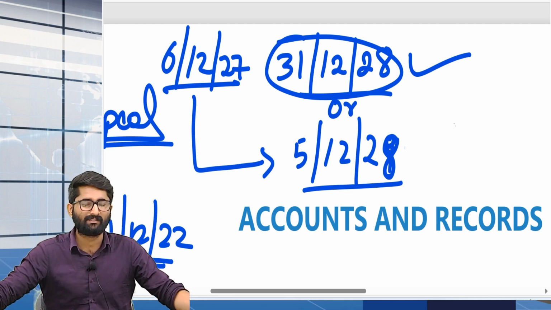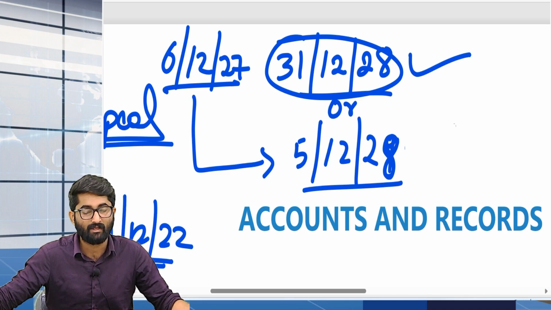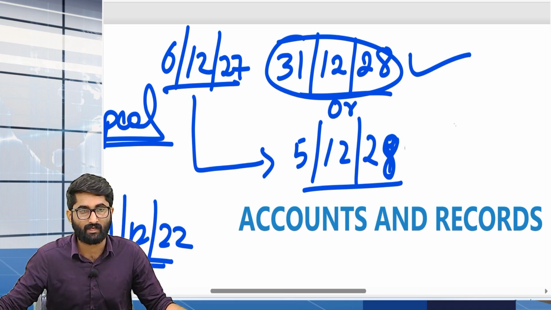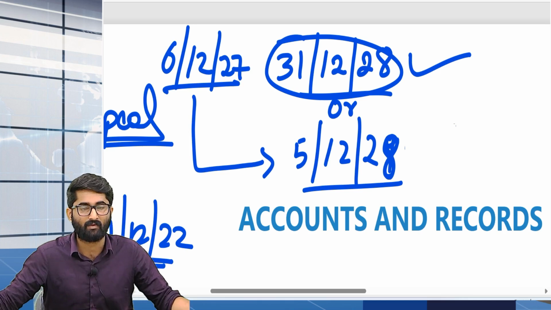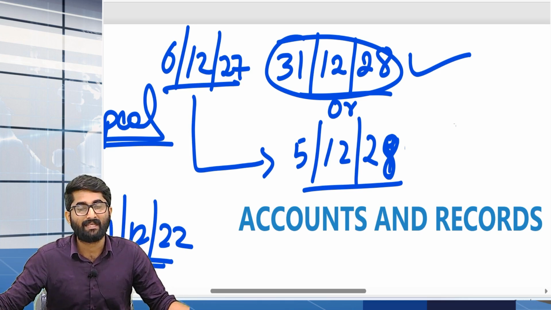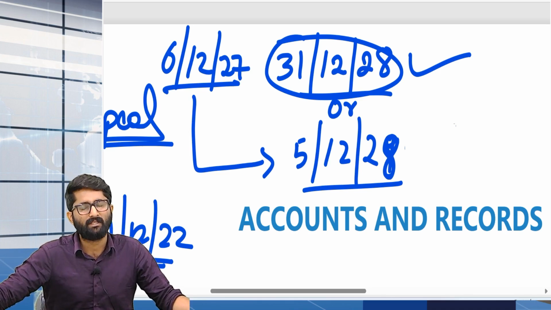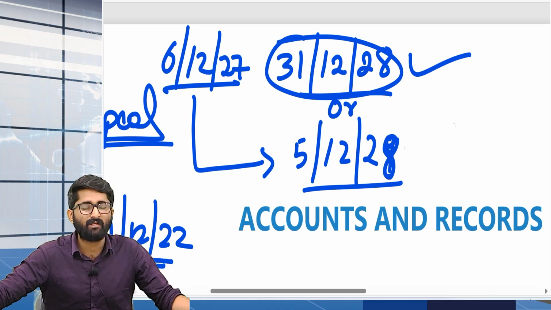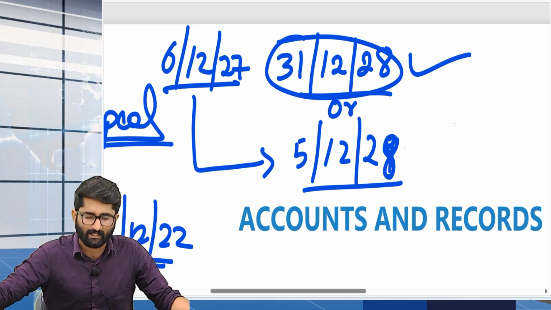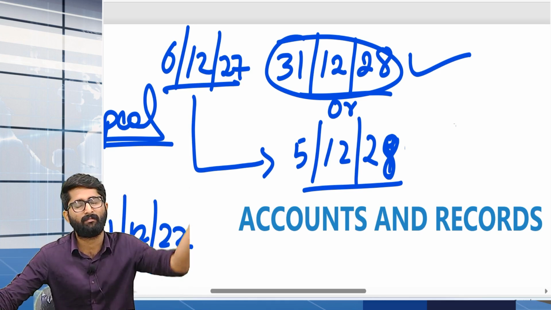Section 36 says the period of maintenance of accounts and records. What is the period? You have to maintain the record for 72 months from the due date of furnishing the annual return for the financial year to which such accounts and records pertain.